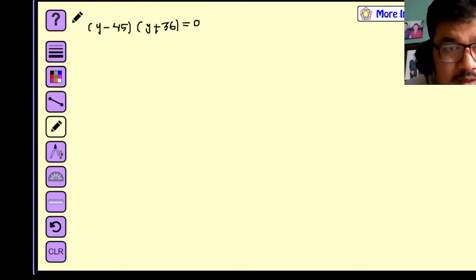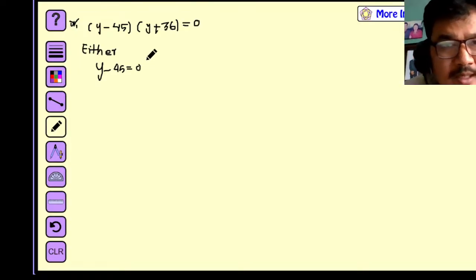Now we have to write here either, because there are two factors: either y minus 45 equals to 0, and next, from the next factor we have got y plus 36 equals to 0.